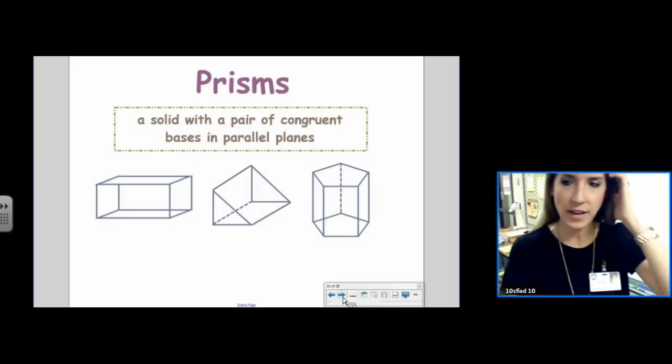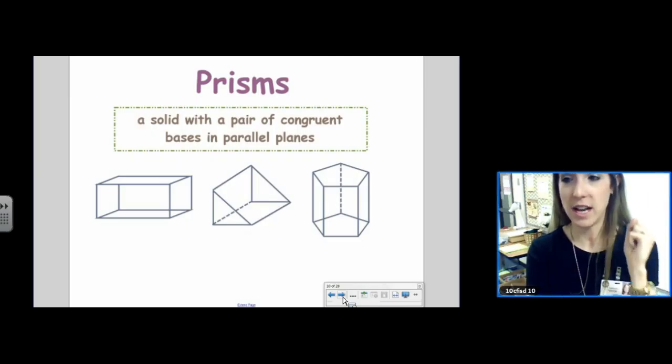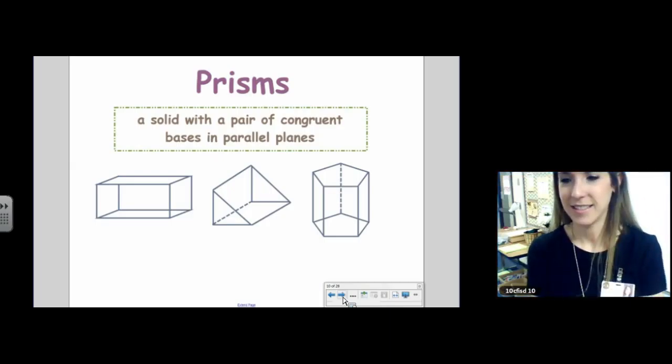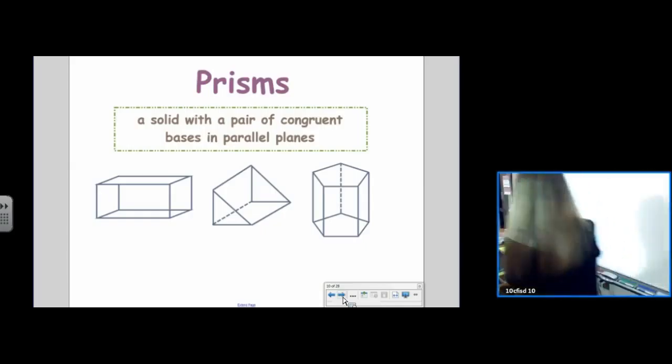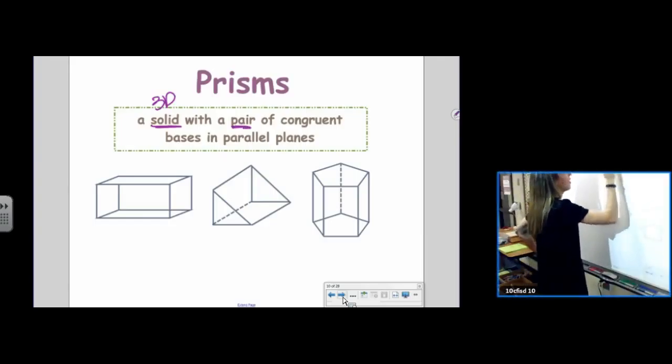A prism, the definition. This is a really good definition. It has a lot of important words in it. It's a solid with a pair of congruent bases and parallel planes. Lots of important things. Let's dissect this definition. It's a solid. All right, so that's telling us right away that it's 3D. Pair. Oh, that means there's 2 of them.